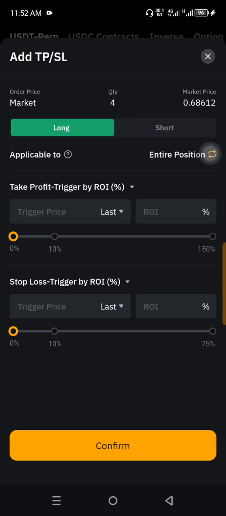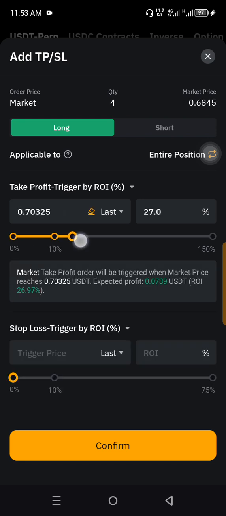TP means take profit. Let's say for instance if I enter the market, the more I enter the market, if I take a lot of profit, and let's say the market is so good, so we are getting a lot of profit.